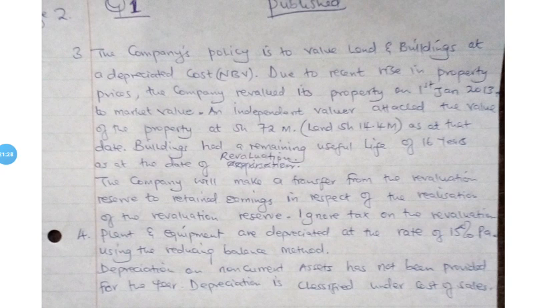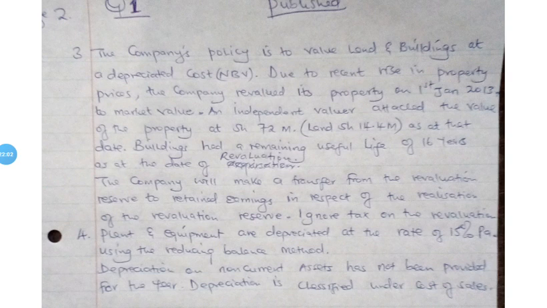That is note number 3, property at 72 million. And the land, we are told that it was revalued, out of 72, the value of land was 14.4, meaning to get the value of the buildings, you take 72,000, you less 14,400 to get 57,600.